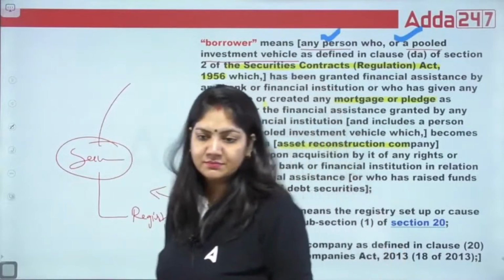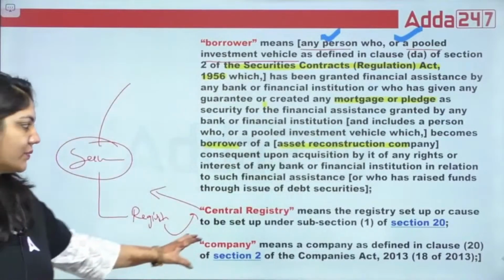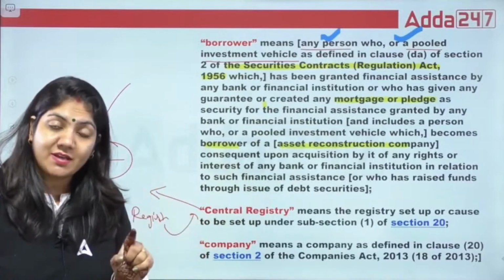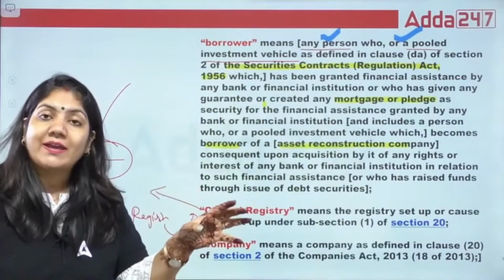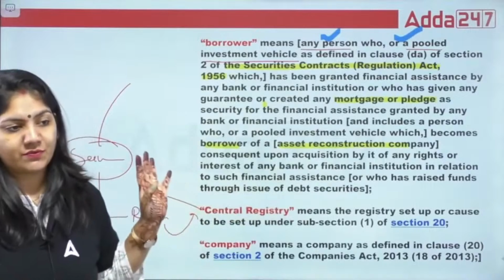That's it. So that's why under the SARFAESI Act, it is the duty of the bank or any financial institution to get registered the security which is given by the borrower.